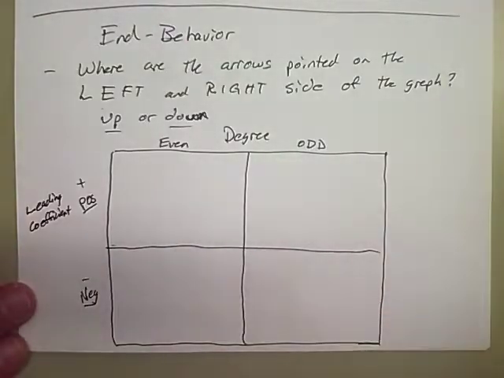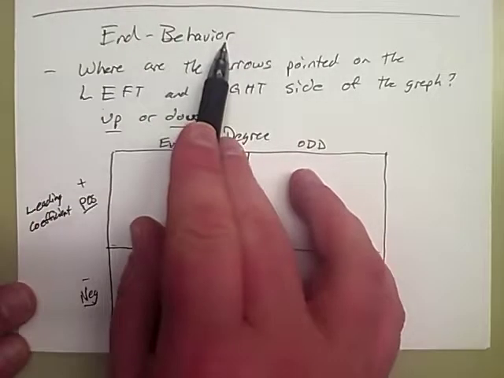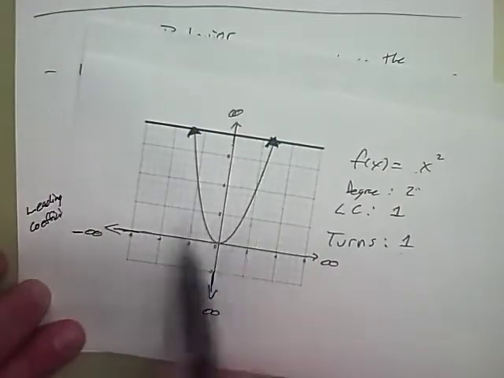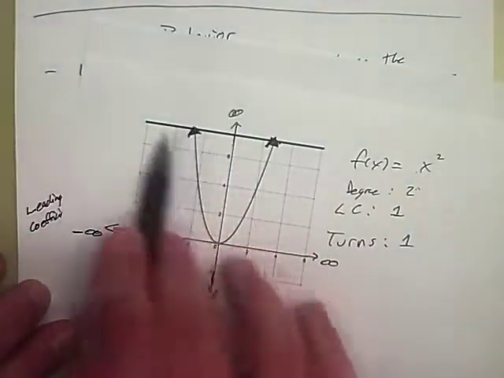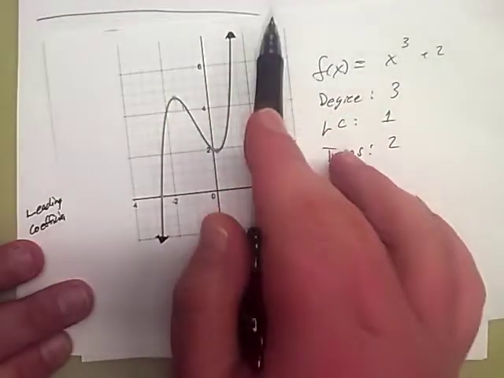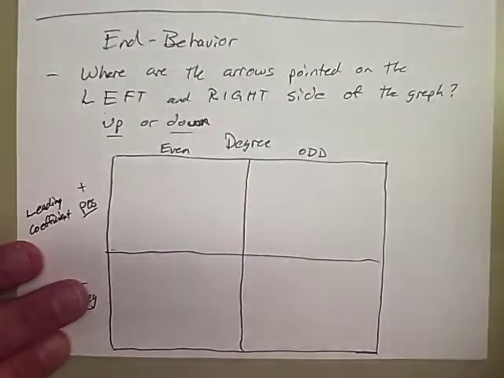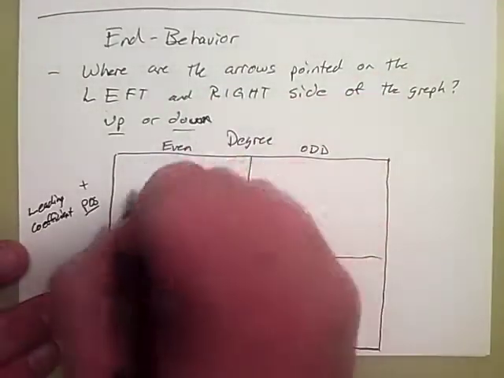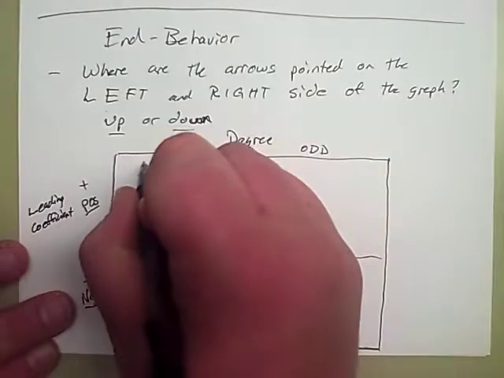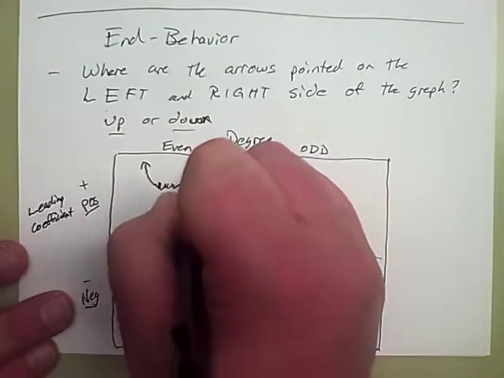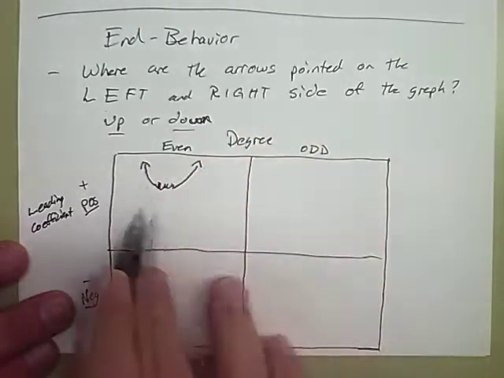So, when it comes to the end behavior, I'm just talking about the arrows, not the stuff in the middle, just the arrows. Then we have what's going on here. So if it's positive and even, then both of my arrows are pointed up, and it doesn't matter what's going on in the middle.